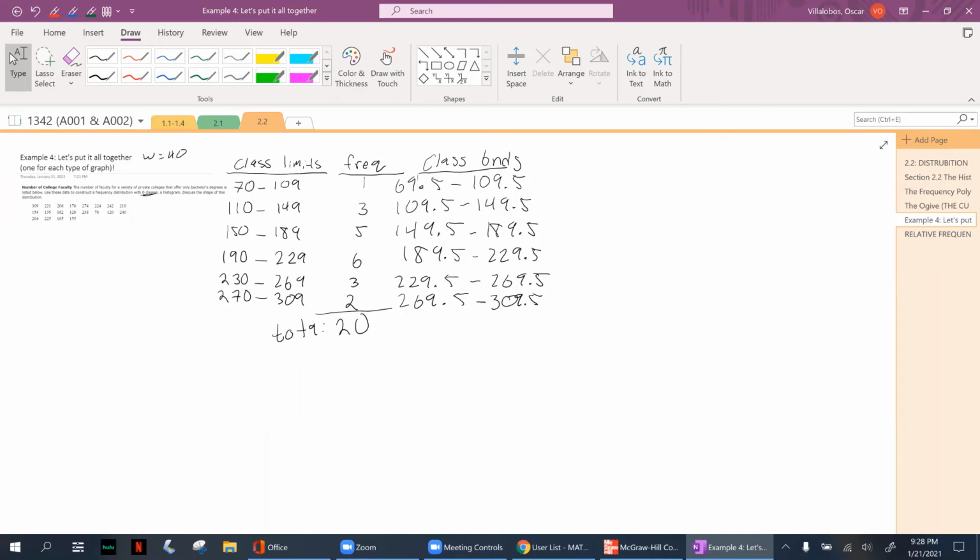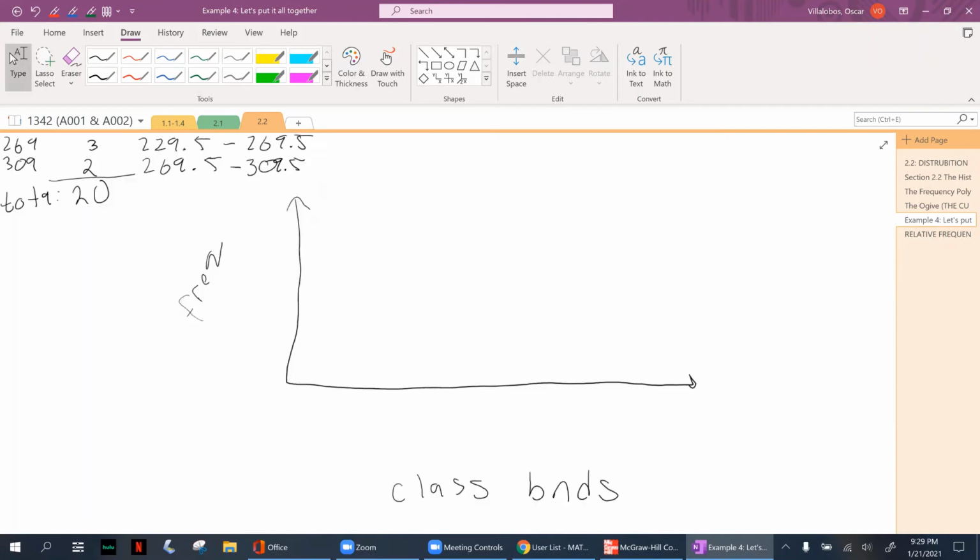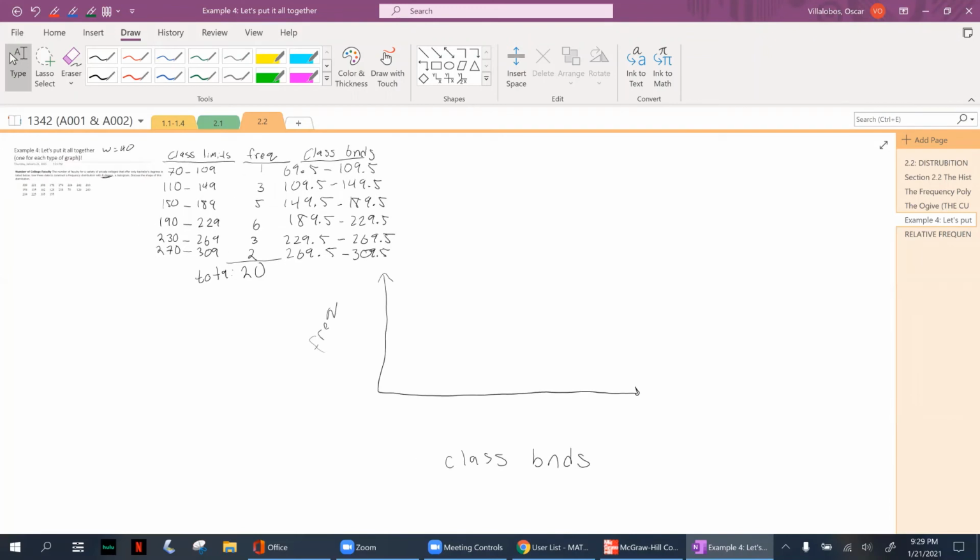That's the basic one. Once I do my class boundaries, my frequencies are the y-axis. And then what was the x-axis? My class boundaries. So my frequencies go between 1 and no higher than 6.